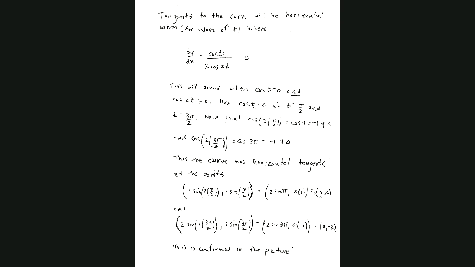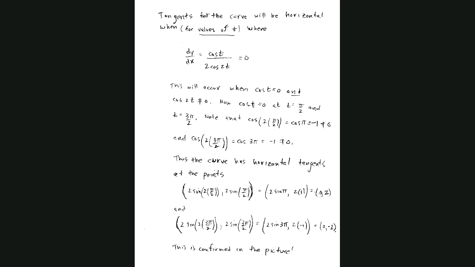Tangents for the curve will be horizontal for certain values of t when dy/dx equals 0, right? Because if the derivative is 0, the slope is 0, and so that would be a horizontal line, a horizontal tangent.